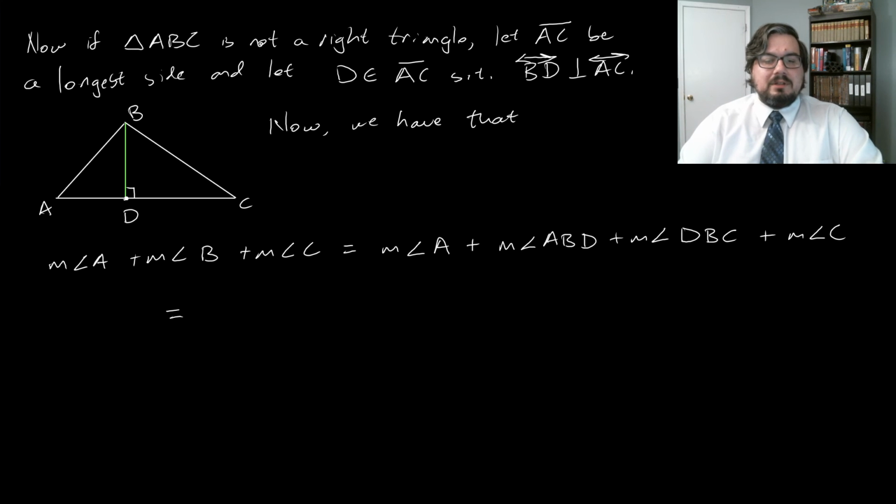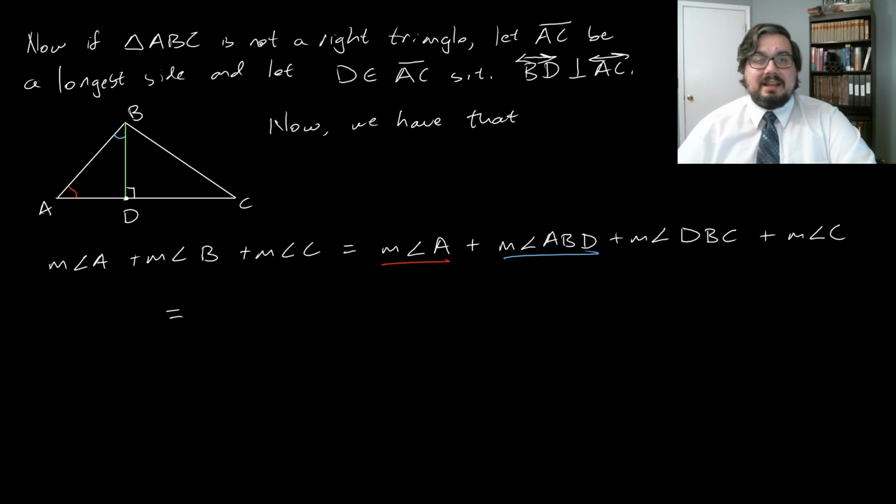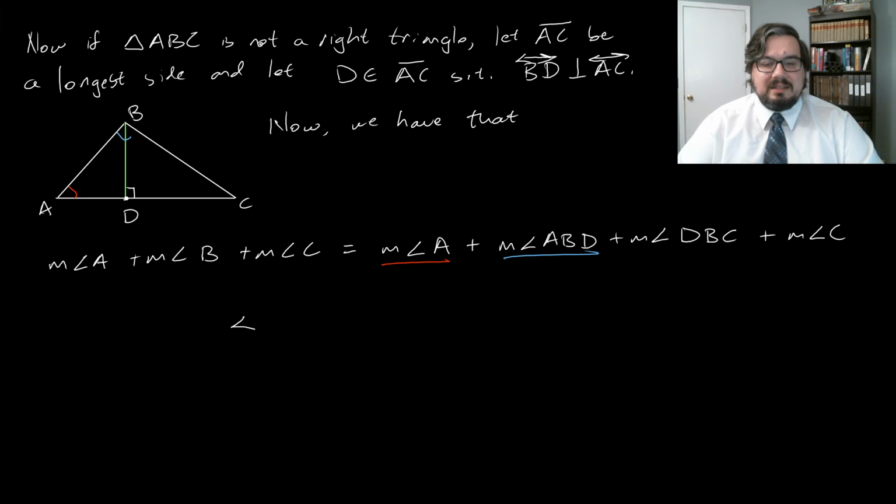Now, if we look at the measure of angle A plus the measure of angle ABD, that's the two small angles inside a right triangle. And what we just did in the previous paragraph is show that those two together have to be less than 90. The red and the blue together have to be less than 90.